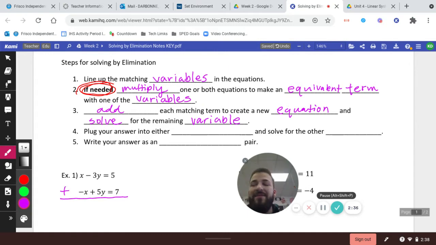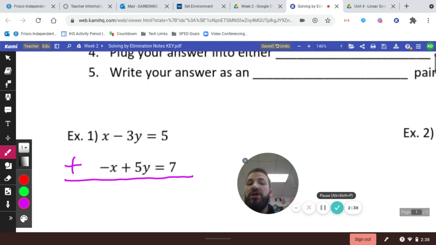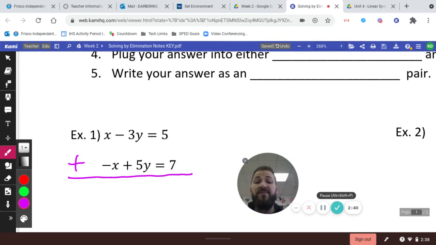And when we add them together, what should happen is we should get one of these variables to go away, to be eliminated. So positive x plus negative x is going to be equal to 0. That's going to cancel out. Negative 3y plus 5y is going to equal positive 2y. And 5 plus 7 is equal to 12.